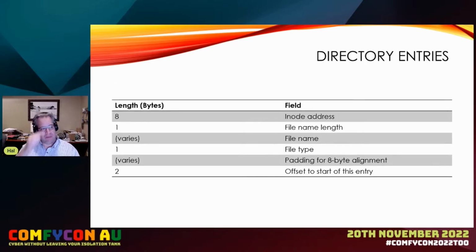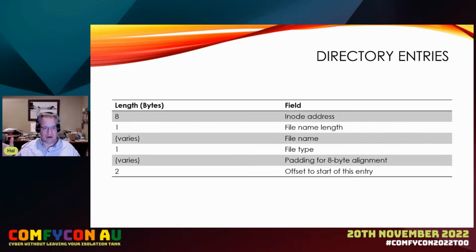Okay, so let's talk about what a directory entry looks like. A Unix directory file is basically just a sequential list of directory records, and the directory records are variable length. Each directory record starts with an 8-byte inode address. Then there's 1 byte that follows that, which is the length of the file name.